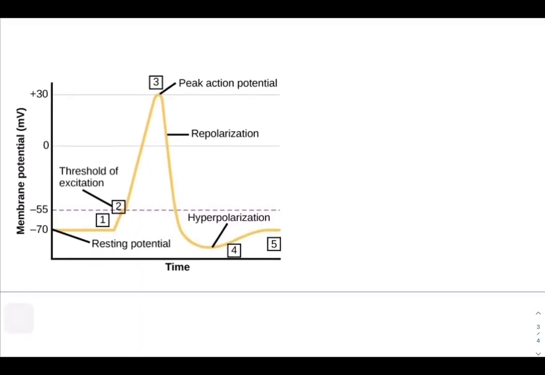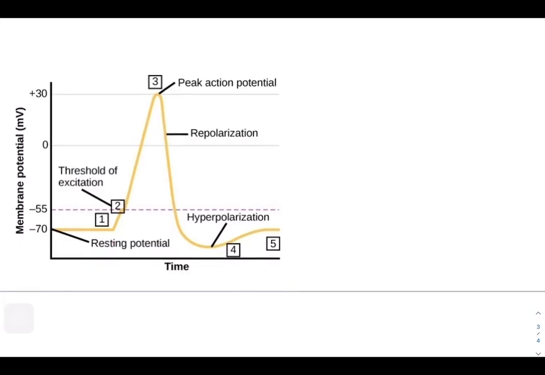This is just a typical action potential graph where we measure the electrical activity of communication between cells. This is how it works. A cell is resting, it's called a resting membrane potential, which is minus 70. It has to climb up to minus 55, and once at minus 55, it can be turned on. So this part here is called depolarization.